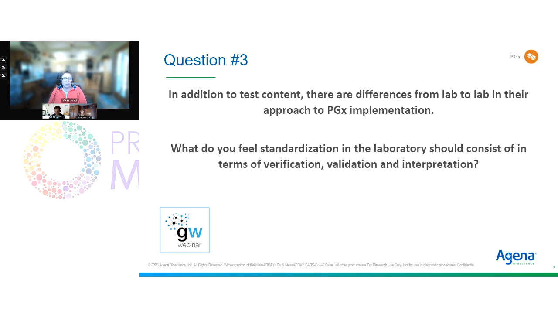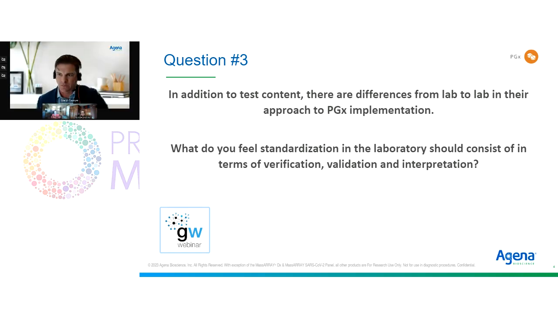There are guidances out there for validation and verification, and ensuring that even the CLIA, that you have analytical sensitivity, analytical specificity, your accuracy studies, your precision studies, robustness studies. All of that goes into a typical analytical validation.